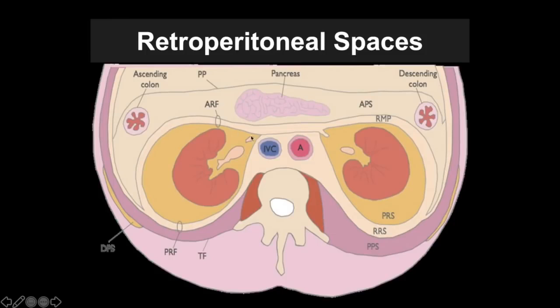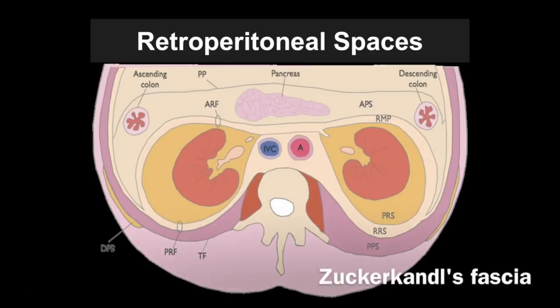In the perirenal fascia, there's the anterior perirenal fascia and posterior perirenal fascia. The perirenal fascia is just dense connective tissue that surrounds the perirenal space. The anterior leaf is also known as Gerota's fascia, and the posterior leaf is also known as Zuckerkandl's fascia.